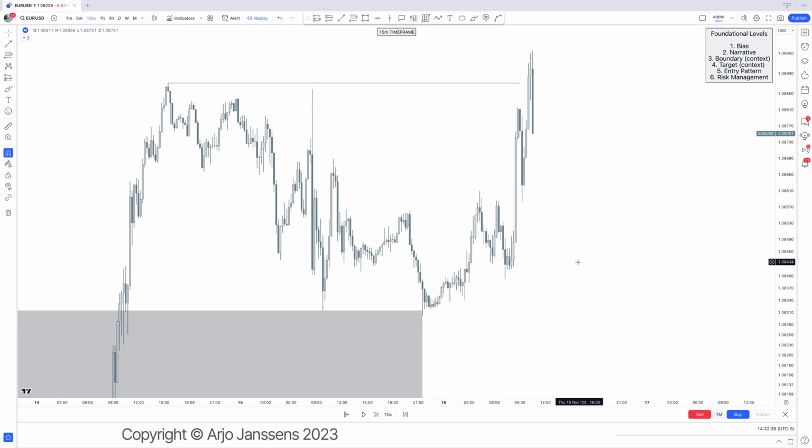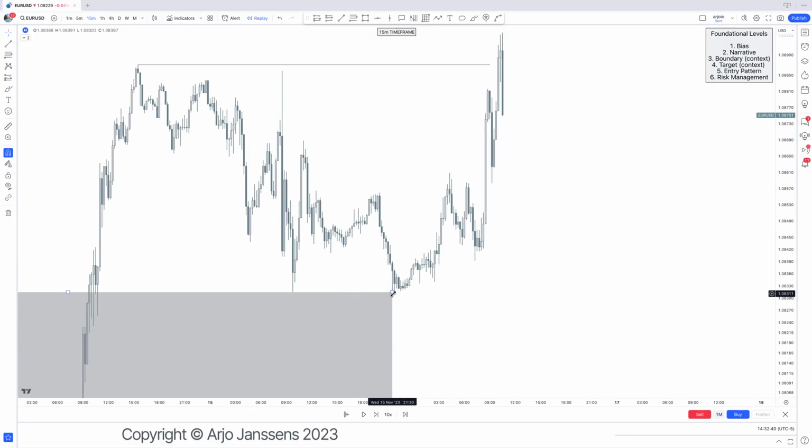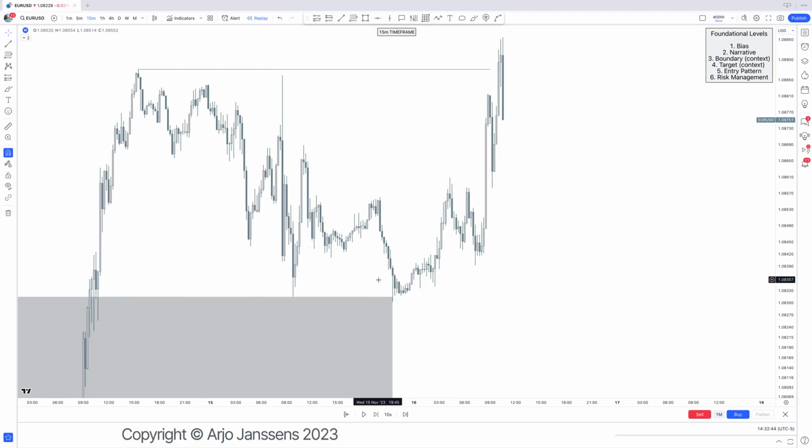Then once we have context, the PD array that we want to trade off of, which in this case is the daily fair value gap right there, that is where we can create a sharp turn. So the first step again is the PD array that we are going to trade off of.